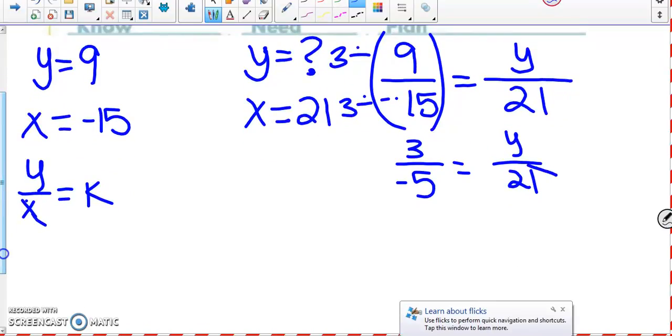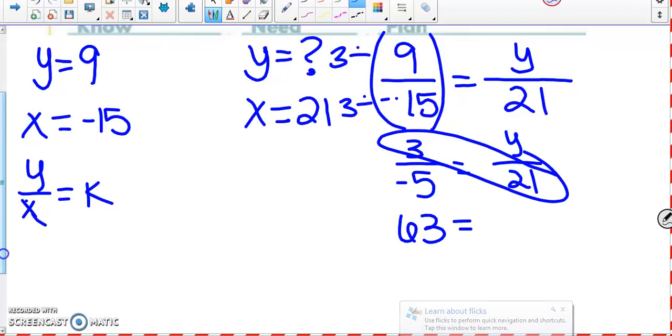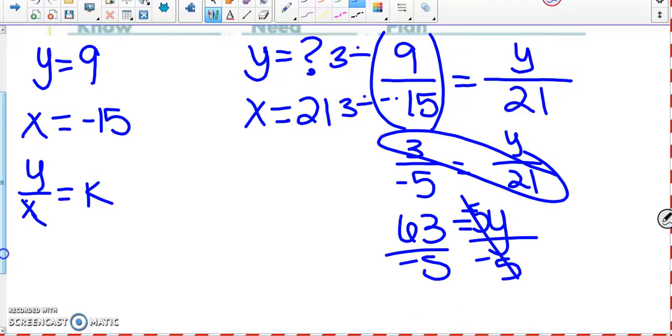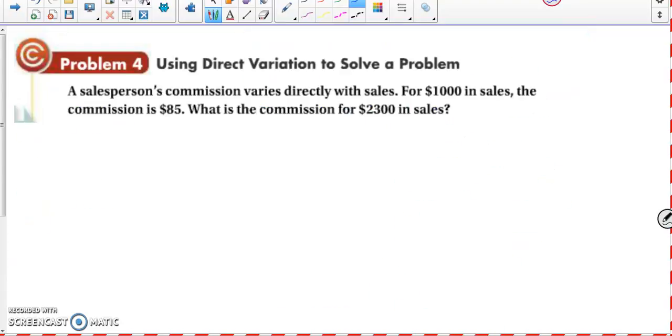I'm going to cross multiply to solve, so 3 times 21 is 63, which is equal to negative 5y. Divide by negative 5 on both sides, and y is equal to negative 63 divided by 5.